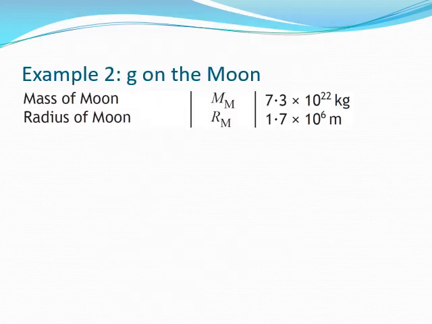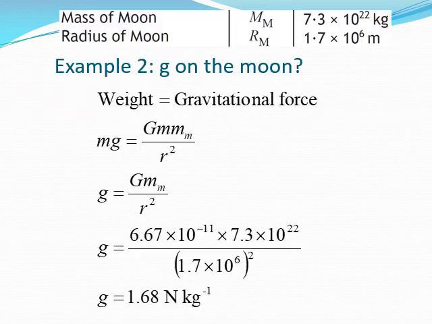Okay, so we could do a similar exercise to look at the gravitational field strength on the moon based upon the mass of the moon and the radius of the moon. Again, the weight is equal to the gravitational force. We can cancel out the mass of the individual object because it doesn't matter what the mass of the object is.